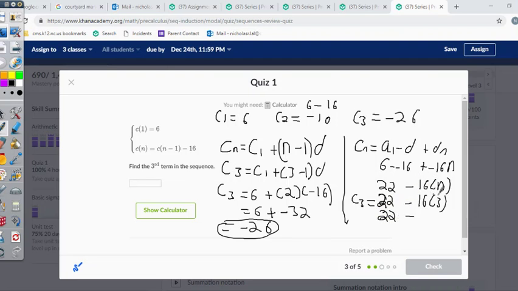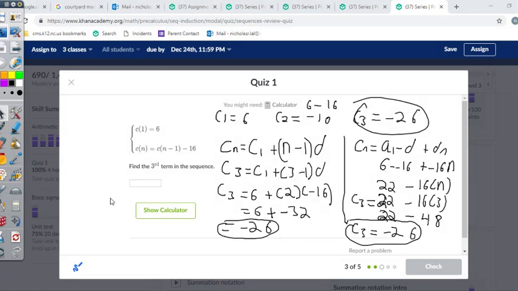So C3 would be equal to 22 minus 16 times 3, which is 22 minus 48, which is equal to, once again, negative 26. So three methods to find our answer: negative 26.